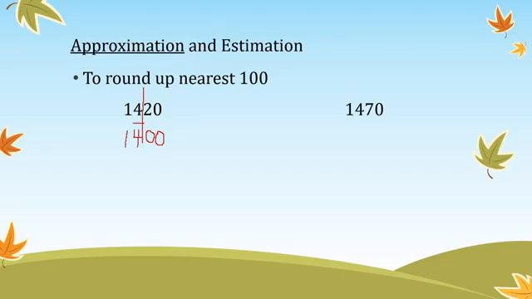Now let's see this case. We have 1,470 to the nearest 100. So we look at the 100 place, and this is the 100 place. So the rest of the numbers afterwards turn into zeros.